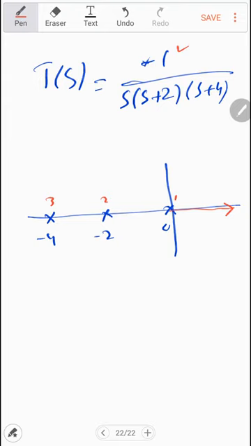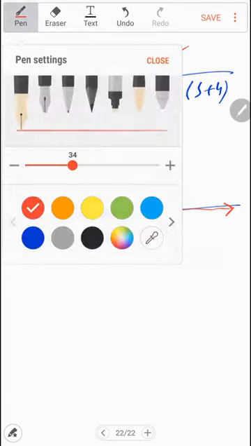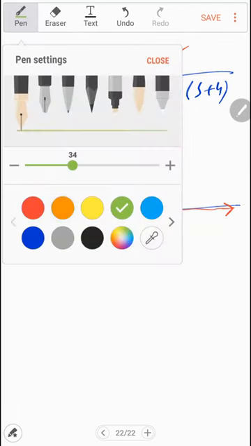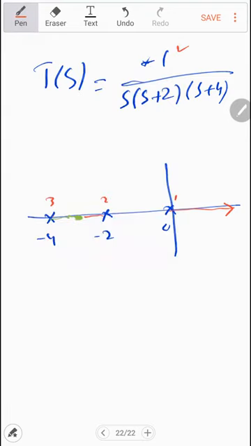Similarly, the locus will start from this pole and also from this pole, and then they meet at some point, and it will go to the zeros at infinity, because the zeros are not known.